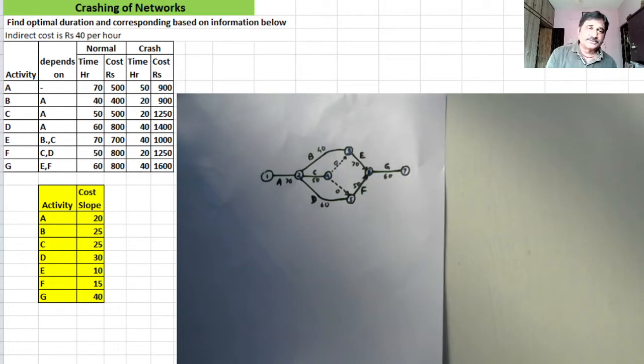This information then has to be converted into what is called the cost slope. That is to say, how much cost is required for crashing the activity by 1 hour. We necessarily won't be completing the activity in either 70 hours or 50 hours as far as A is considered.